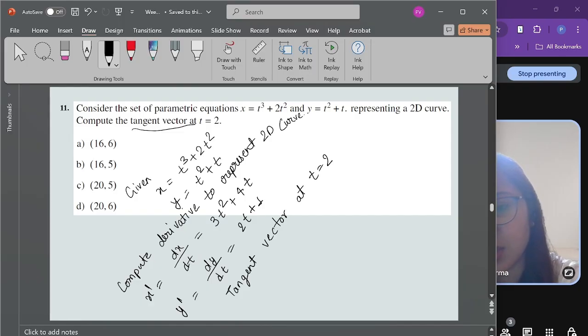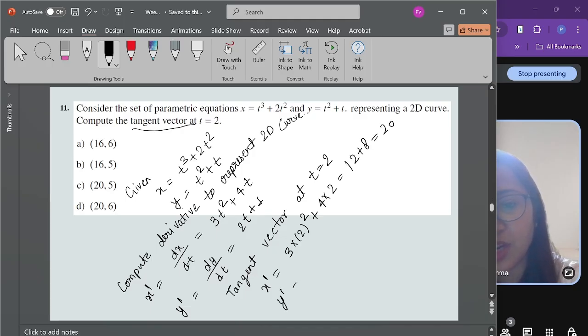This is the tangent vector, that is x dash at t equal to 2. So 3 into 2 square plus 4 into 2, that is 12 plus 8, right? We will get 20 here.